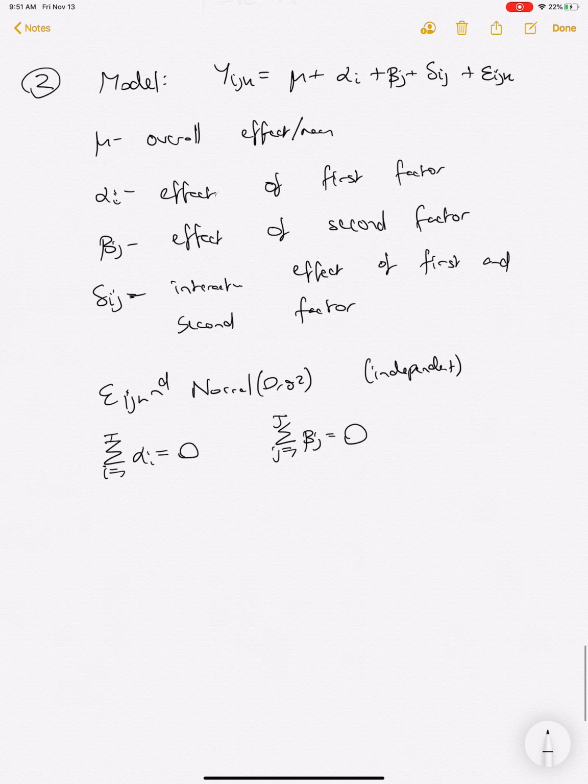And then for the interactions, we actually have that the summation over i equals 1 to I is equal to 0. So if you do a sum across either the state effects or the education effects, the first factor or the second factor, for any of the different groups or levels, they equal 0 because they've already been taken care of with the alpha i's and the beta j's. So that's why we have this additional set of constraints.